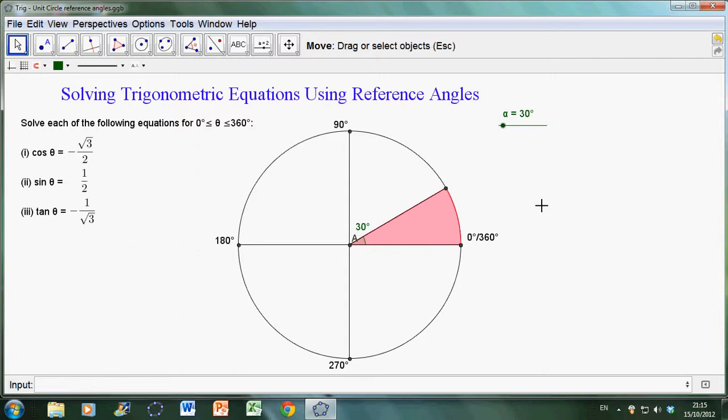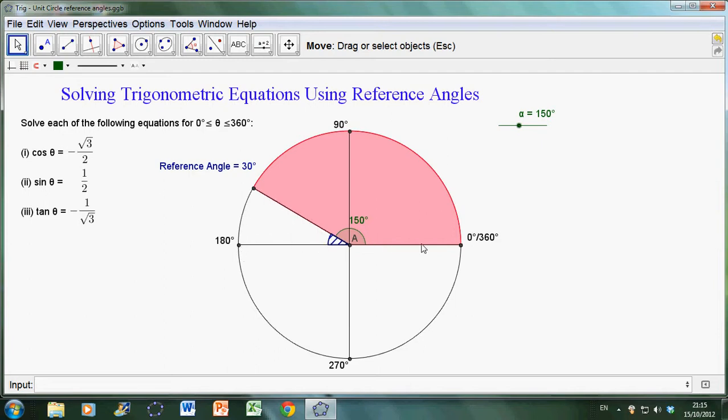The next step is to establish whereabouts cosine is negative, because ultimately our answer here is negative. Cosine is not negative in the first quadrant. Cosine is negative in the second and third quadrants. So if we make our way over to the second quadrant and stop where the reference angle of 30 degrees is, how did this come about?